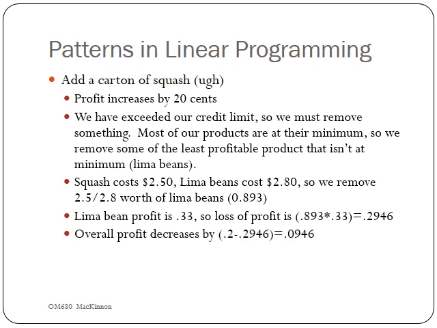The overall profit decreases by the 20 cents we made from that extra carton of squash minus the 29 cents that we lost by reducing our lima beans. And so we are going to lose about 9.5 cents of profit by adding a carton of squash to our demand. What we would have done there is added a minimum of 1 unit of squash.